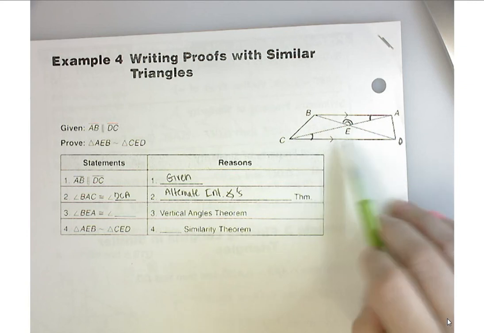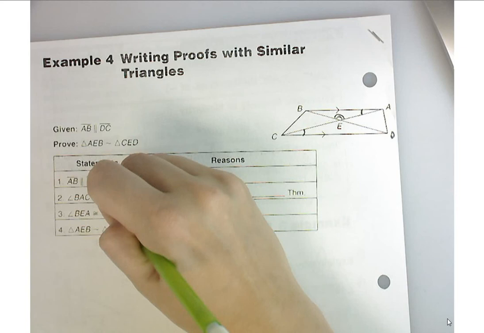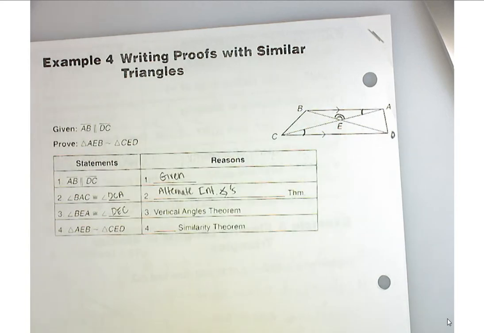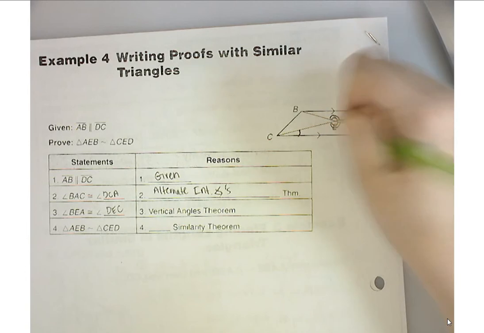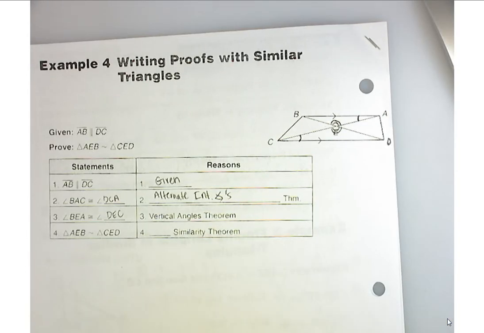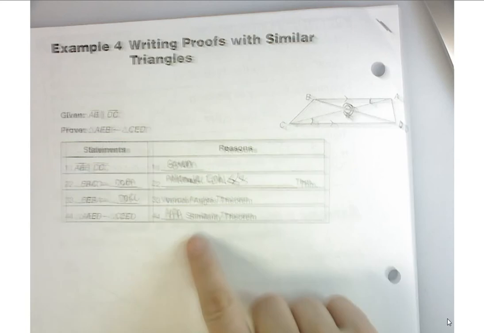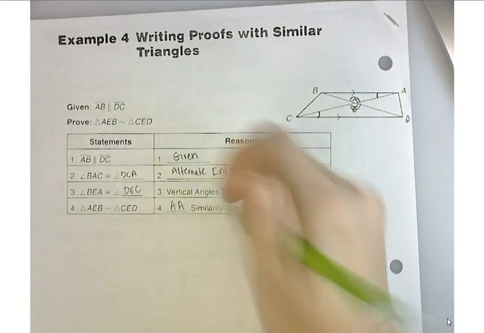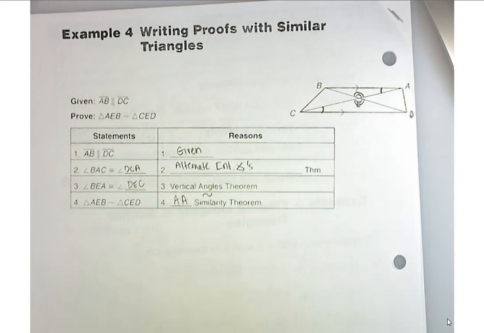Yep, except we're going to call it DEC. Okay, so we have these are congruent now. So then, Jared, what similarity theorem did I use to prove those are congruent? Yep. So it's the angle-angle similarity theorem. And like I said, if instead of writing similarity, you just want to use the similarity symbol, that would be fine with me.